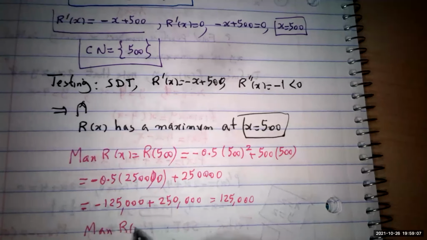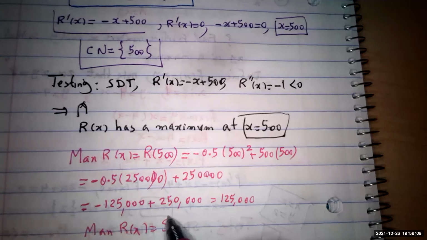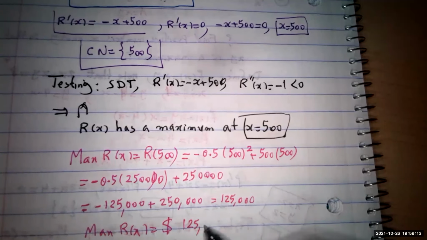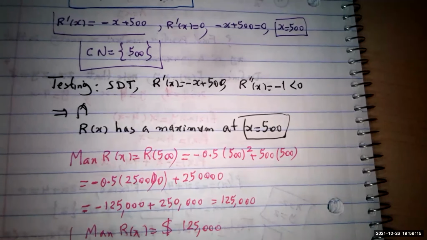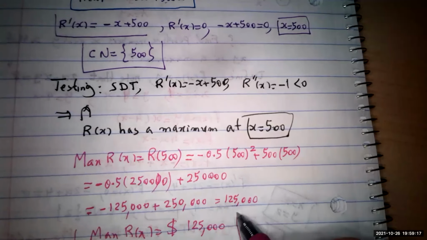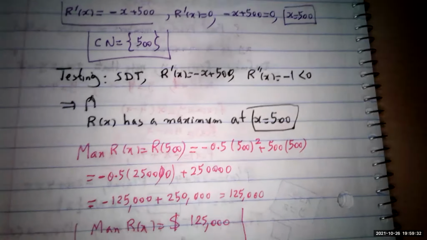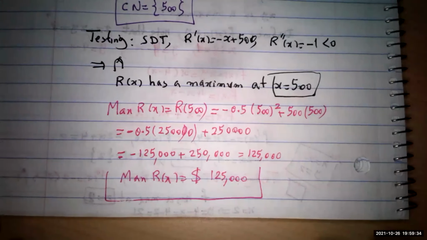Okay, the maximum revenue, dollars, is going to be $125,000. This is the first part. Any question? And as I told you, it's not a difficult problem, but it takes time, and you've got to be careful to get these numbers done. So yeah, you'll be able to do it.